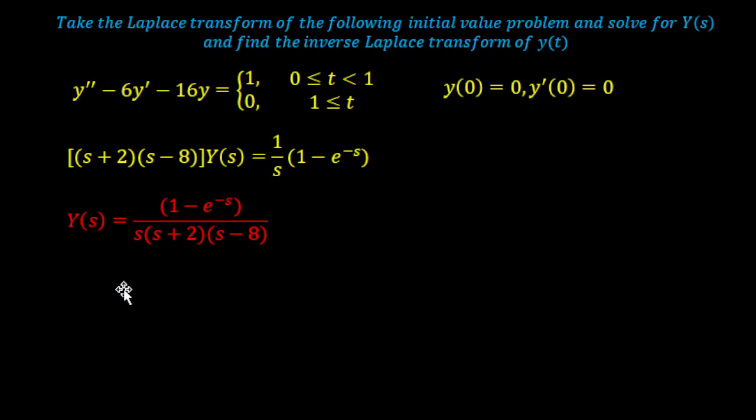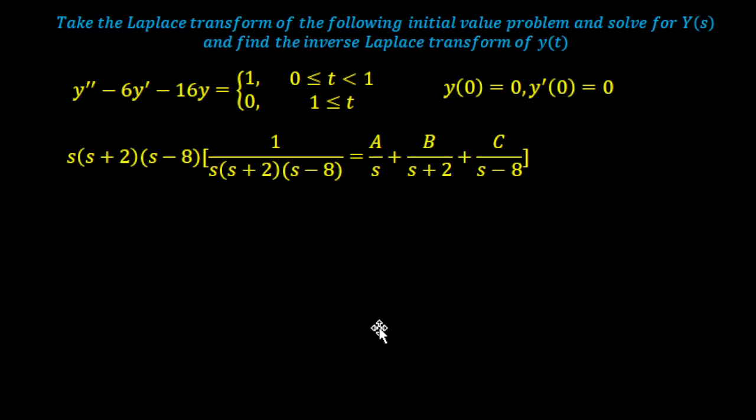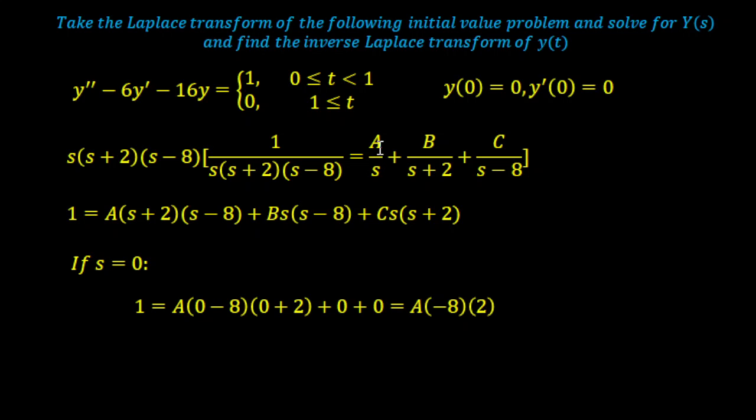And we can find the expression for our y of s here. This is our y of s, and let's take the inverse Laplace transform of this y of s, but let's first decompose this expression into partial fractions and find the unknowns A, B, and C. You can easily find these unknowns by setting values of s that make the other two terms cancel out.